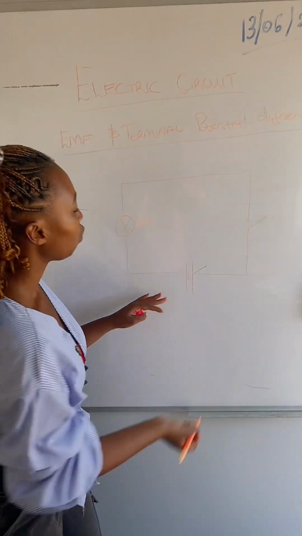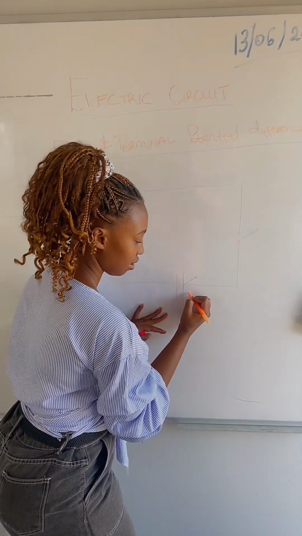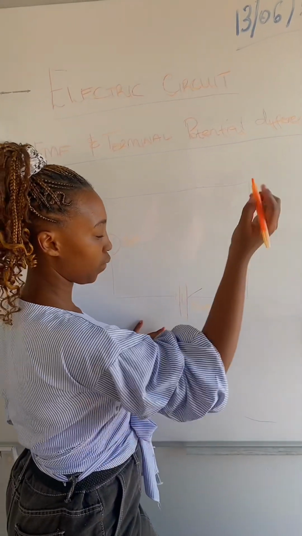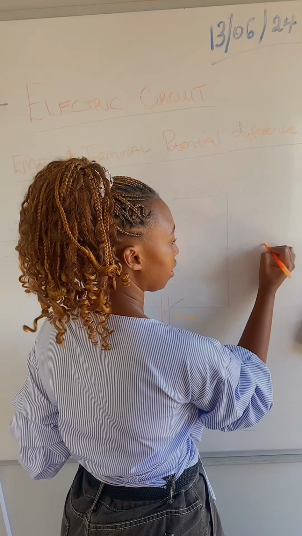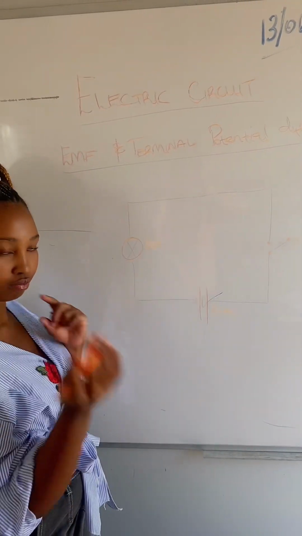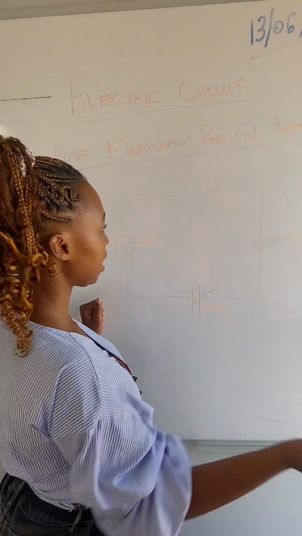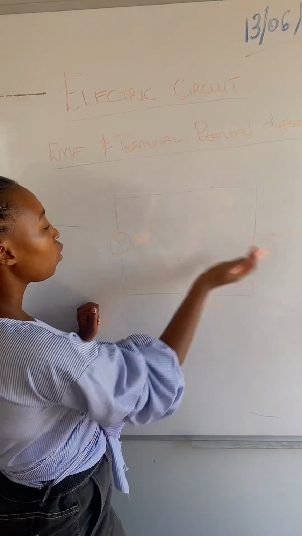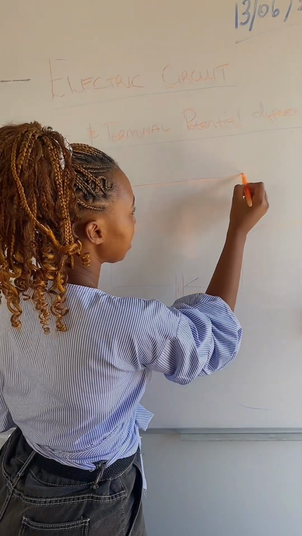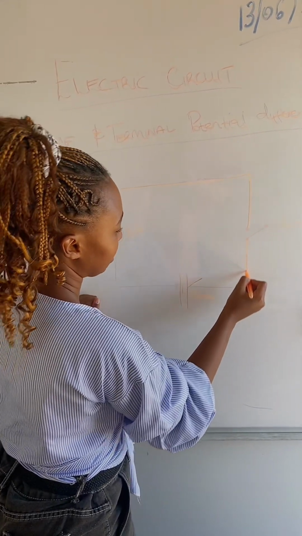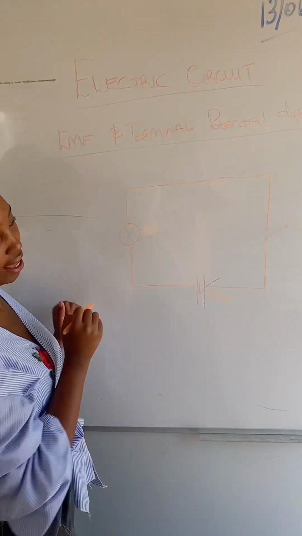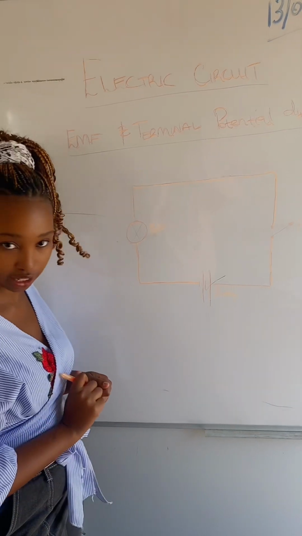We have our cells that make up a battery, as well as our switch, the one that controls the flow of charges in a circuit. And all of these devices are connected by this conductor or a wire or a conducting wire that completes our circuit.